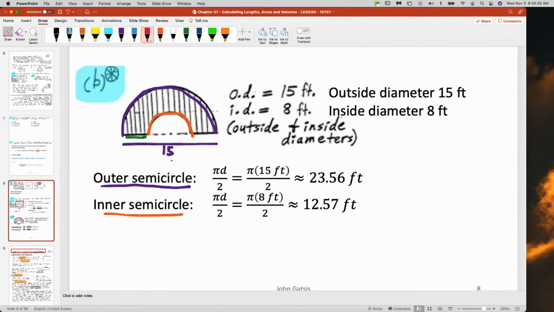This is 8. So if we want to find the green length, we do 15 minus 8 divided by 2. Or in other words, exactly what the formula was as mentioned by Sanjit. Outer diameter minus inner diameter divided by 2.